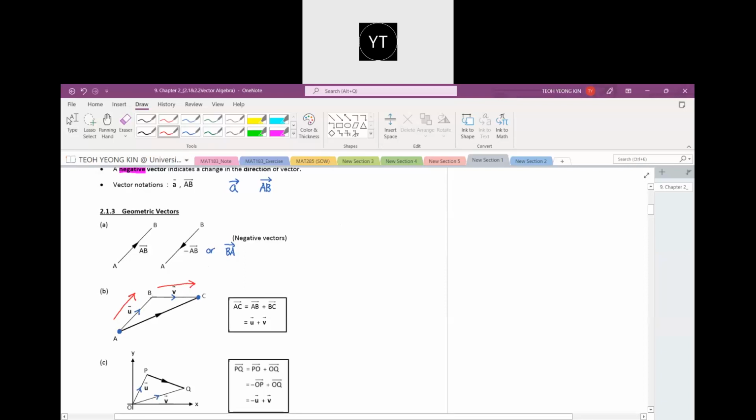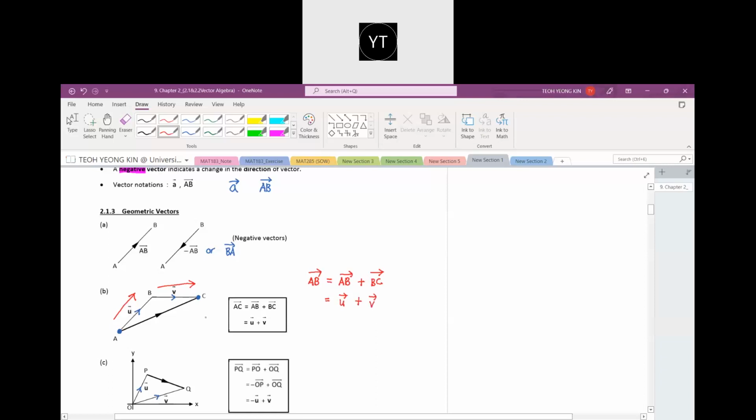Kemudian daripada B to C. So vector of AC actually is equals to from A to B, plus kemudian daripada B to C. Where A to B, vektor dia adalah U, plus, whereas from B to C, the vector is V. So, this is how we do it.